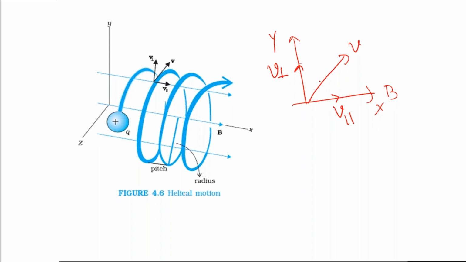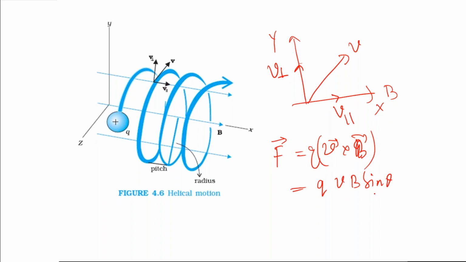Look here, what happens? I have seen that the magnetic force is actually q into v cross b, so q, v, b, and sine theta. If this theta is 0, then what is the force on the charged particle? It is 0.